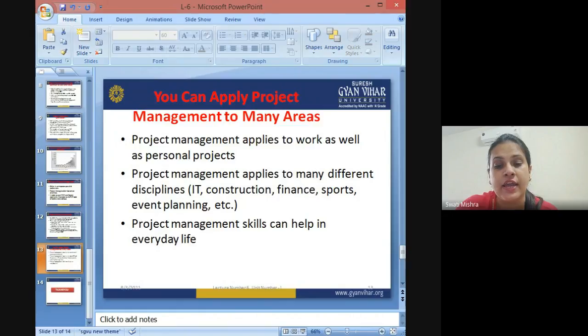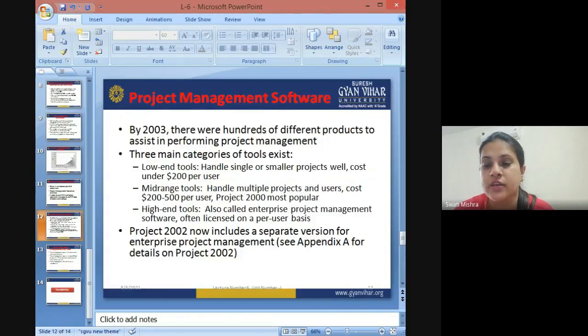Whereas in the case of a multinational company, or even if not multinational but a medium scale company, it becomes very easy for the project manager to apply the ideas and ideologies to many different disciplines through project management. And for this, IT, construction, finance, sports, event planning, etc., are using the mid range tools and the high end tools.